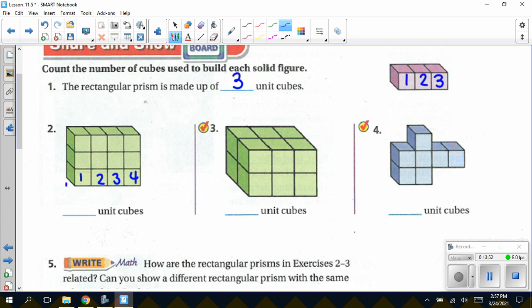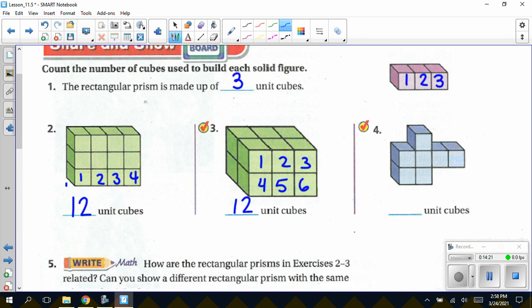Notice that the back is only 1 deep, so there are only 12 unit cubes. For number 3, I see that there are 6 unit cubes on the front, but I also see that it goes 2 deep, so that means there would be 6 on the back. So 6 plus 6, or 6 times 2, is 12 unit cubes.